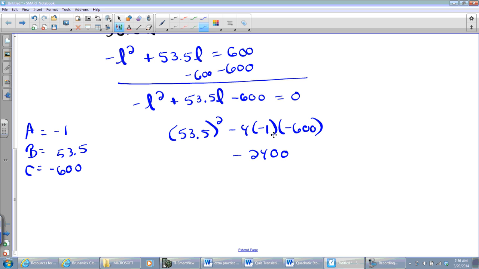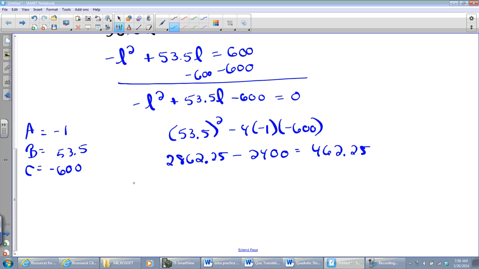It is 2,862 and a quarter. So my discriminant is going to be a positive 462 and a quarter. All right, so that's my discriminant. So there are going to be two solutions to this, and that makes sense, length and width, but let's see what happens.